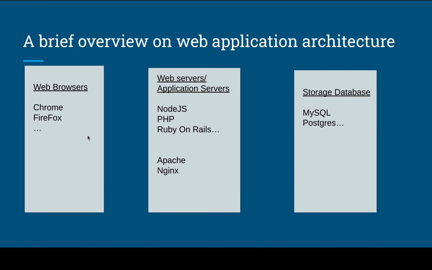There's Chrome, there's Firefox. I don't know if you're still using Internet Explorer, something like that. You get the point. On this web browser, the user interface of the application is presented to the user.